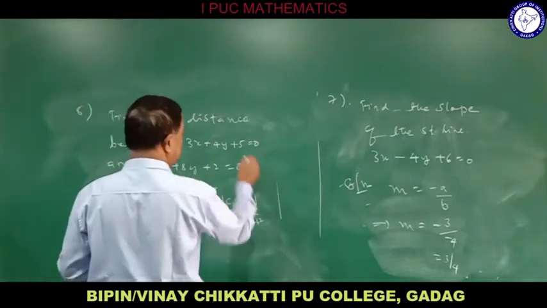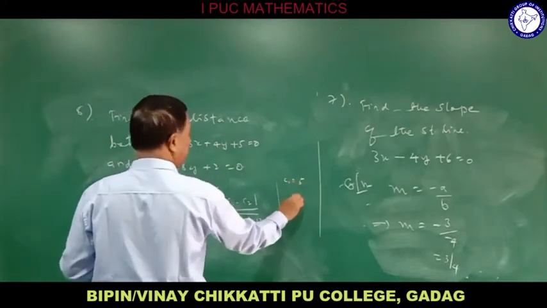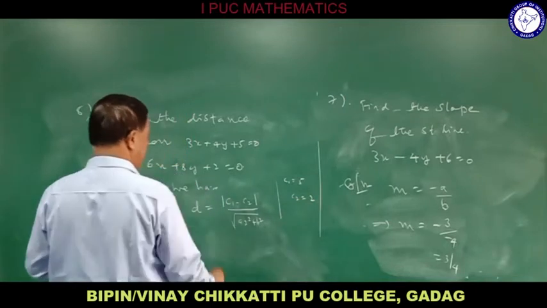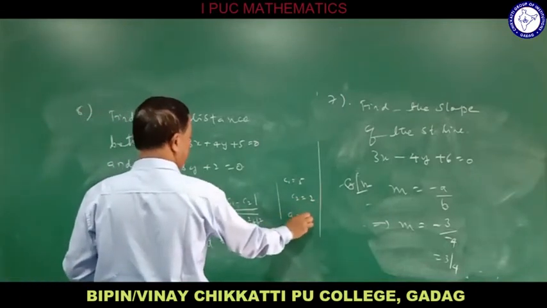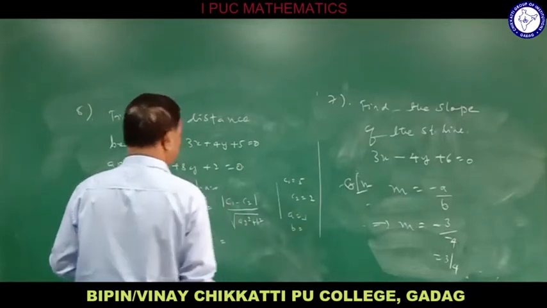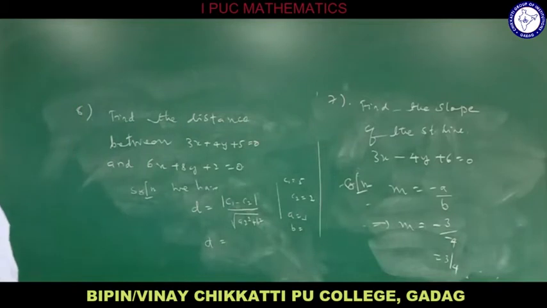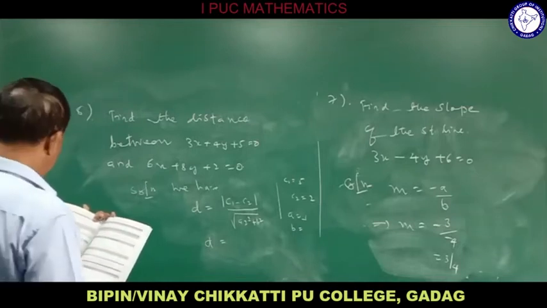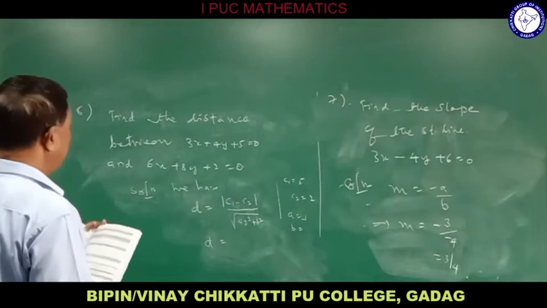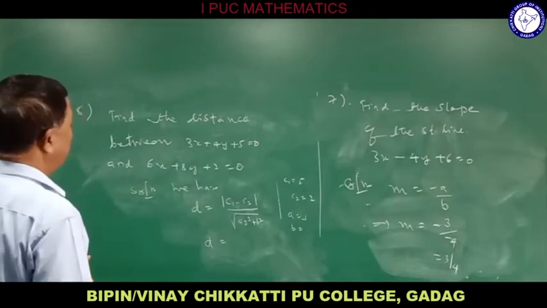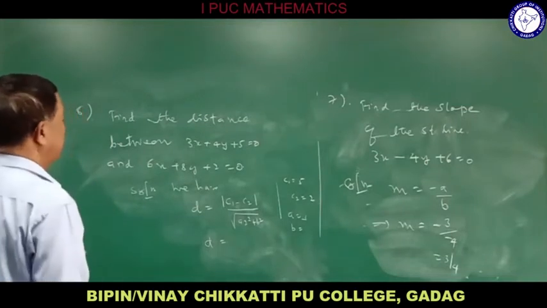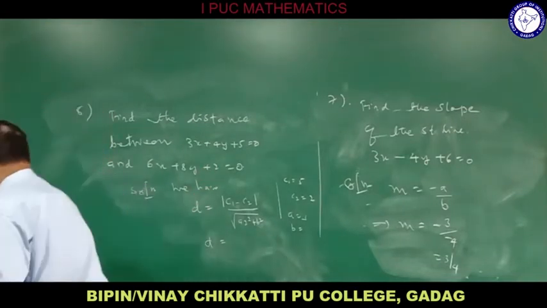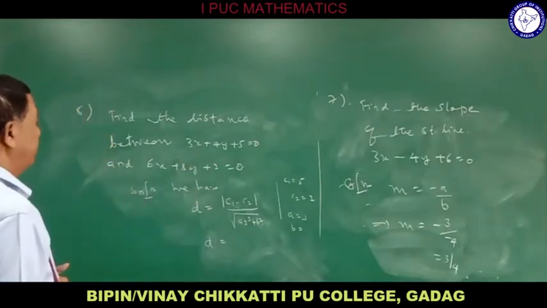Here C1 is equal to 5 and C2 is equal to 2, and A is equal to 3 and B is equal to 4. But see, these problems are not parallel as given. 3x and 4y, and then 6x and 8y. Suppose I check whether these are parallel lines or not, they are not parallel as given.